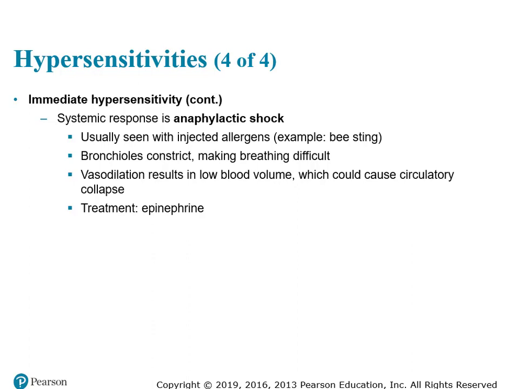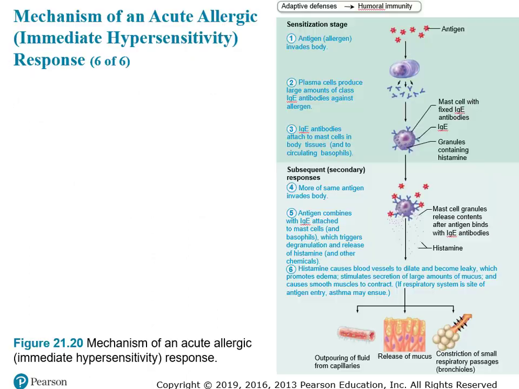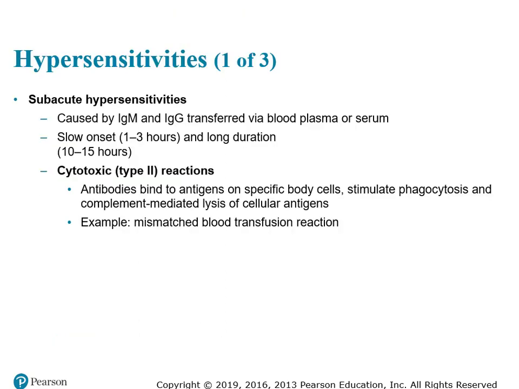So you give epinephrine. Epinephrine causes vasoconstriction, increases your blood pressure, and reduces your inflammation, and then the edema is gone. So that's basically how systemic immediate hypersensitivity is treated.